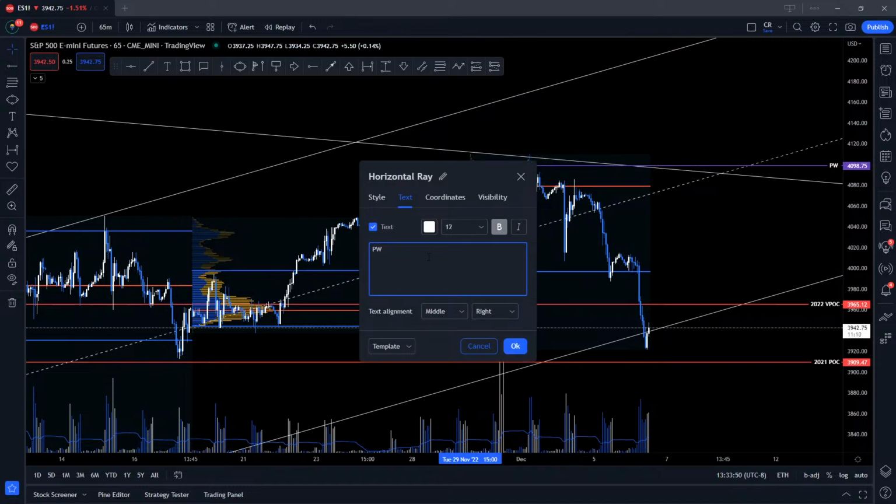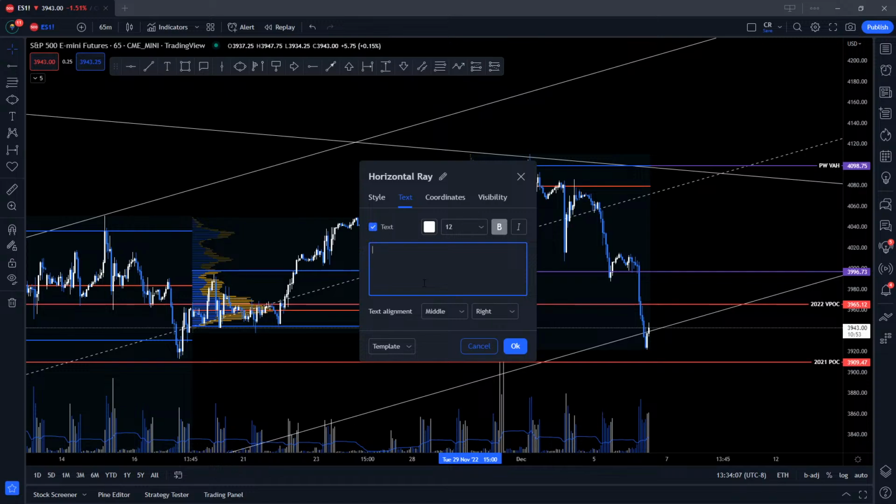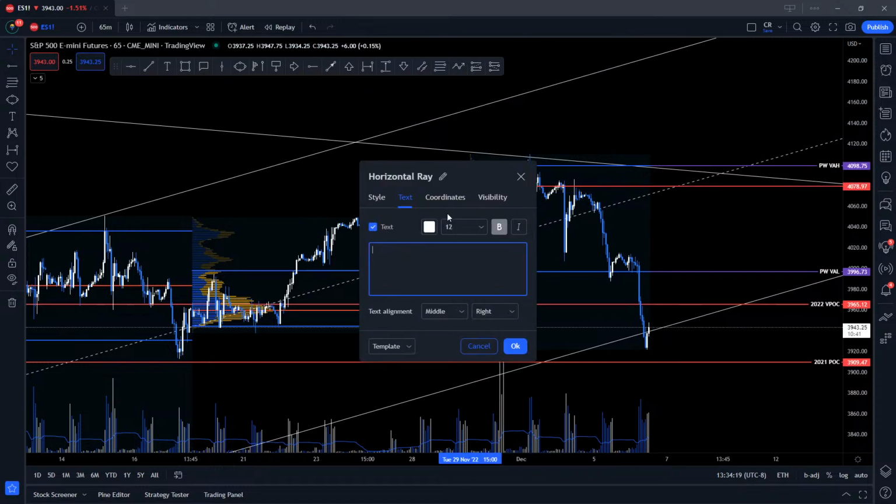So I label these as previous week value area high. Previous week value area low. And then previous week POC. Actually, this is a VPOC.